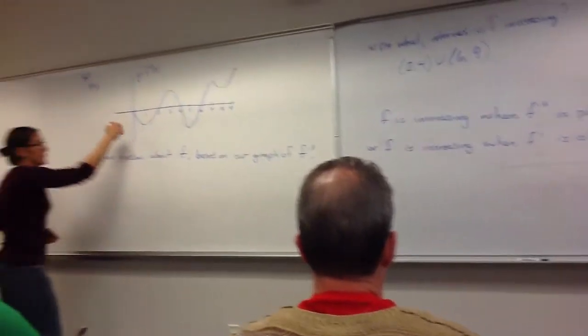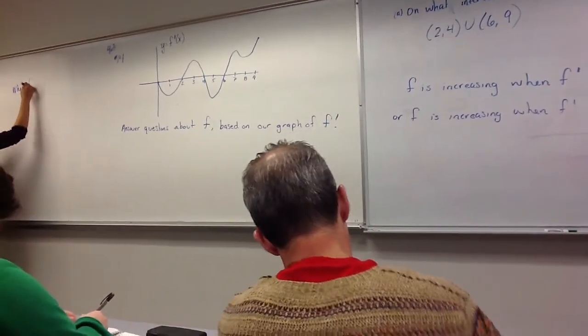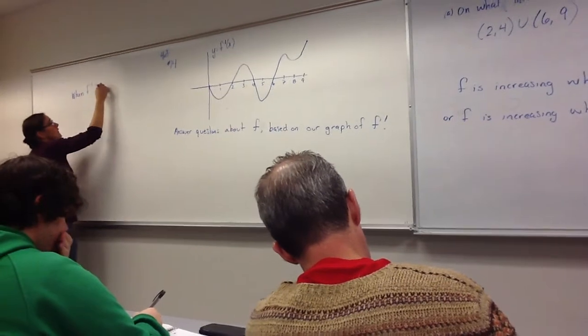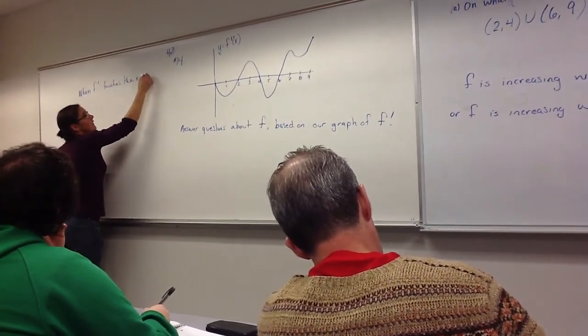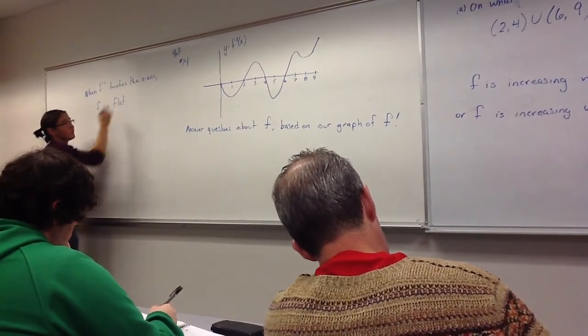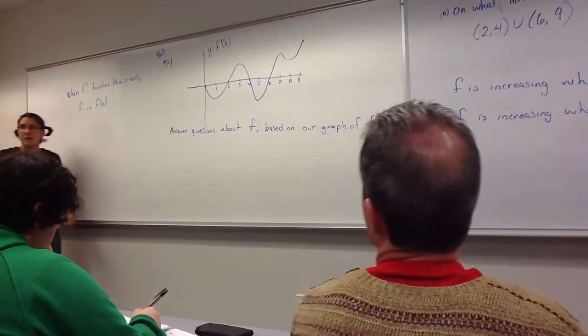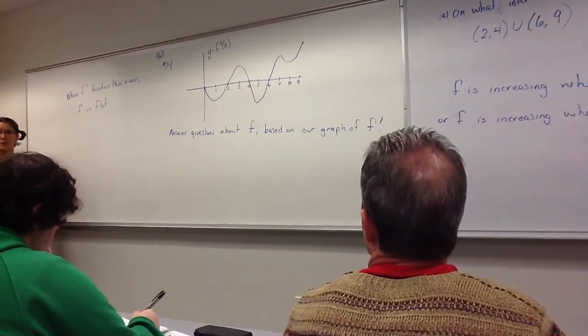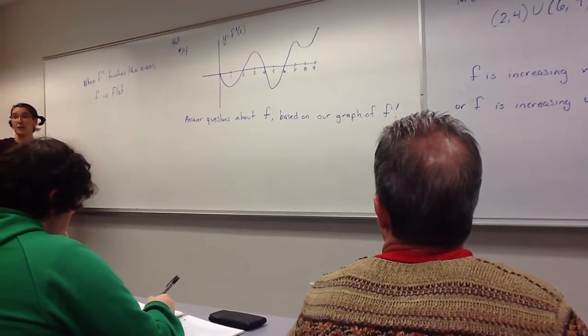Okay, so I like Jennifer's observation about when, and I'm going to write this over here, when f prime touches the x-axis, f is flat. So how do we know when we have a local maximum on f? What is happening on f itself?